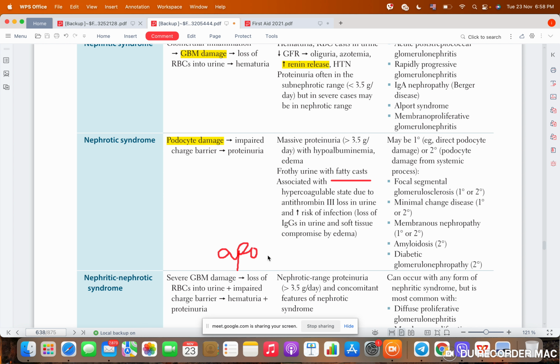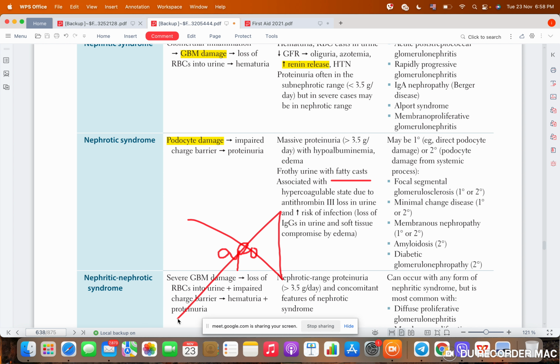This apolipoprotein is normally located in which organ? It's in the liver and it has multiple functions, which is basically taking the fat back to your liver to be dealt with inside the liver with the beta oxidation process. But this is not happening because you don't have apolipoprotein.